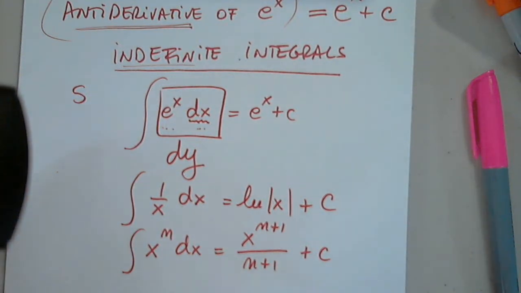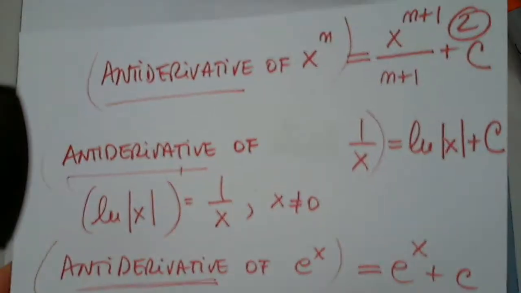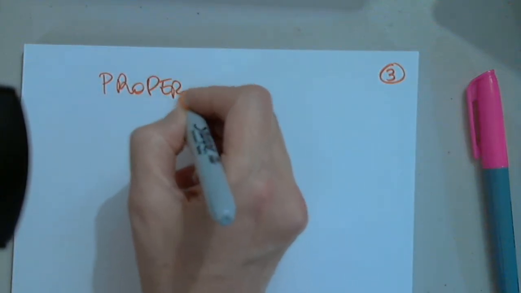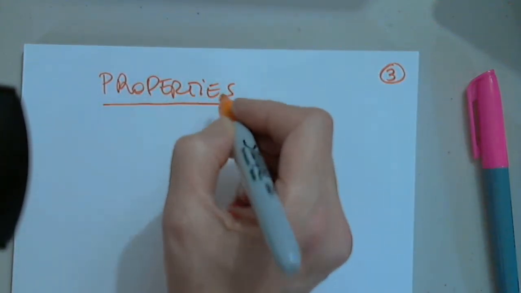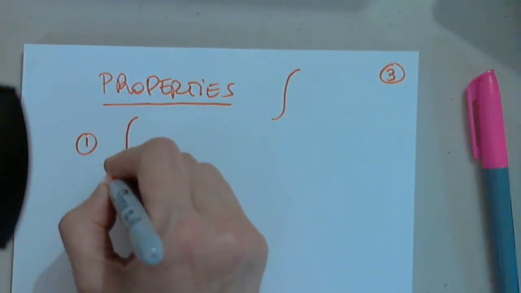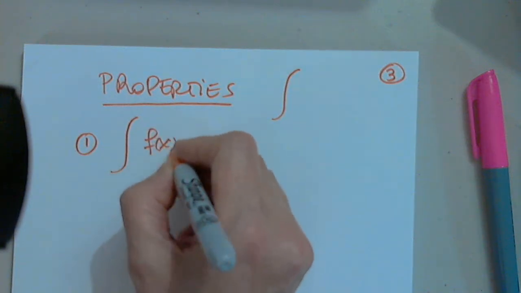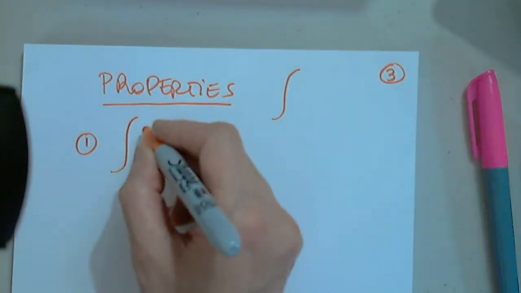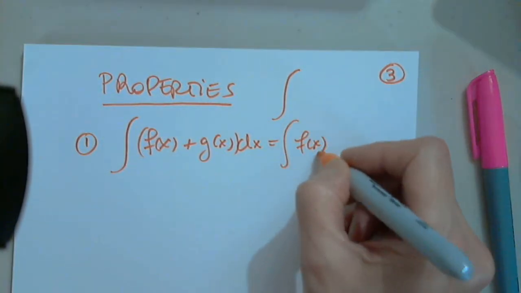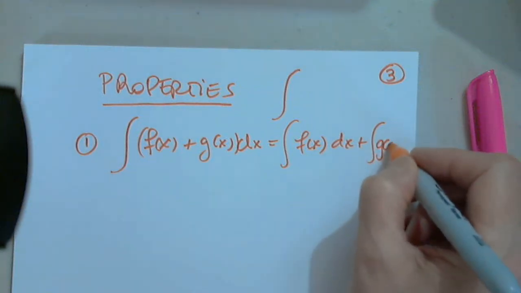Before that, I can also present, and I should, 2 more rules or properties if you want. So I'm going to stop sharing for just 1 more second. So properties of the indefinite integral. Okay, number 1, the indefinite integral of a function plus another function, 2 or more, it doesn't matter, is the same as the integral of f of x, if you want, plus the integral of g of x dx.